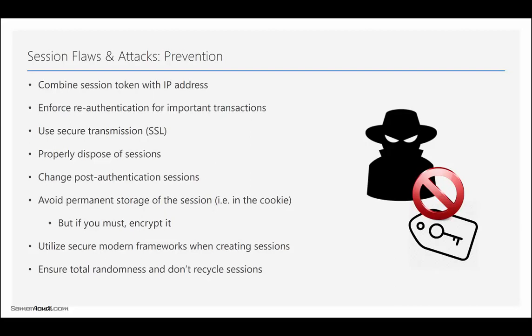So if I see a session token ABC123 from IP address A, and then I again see the same ID from IP address B, I know there's a problem and I would force the authentication.